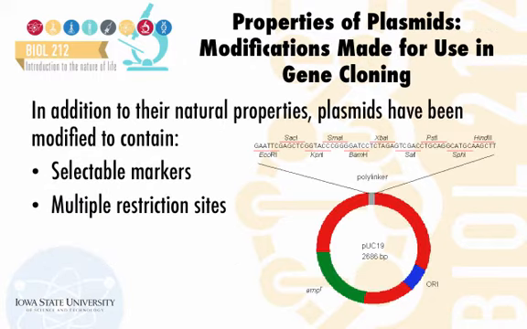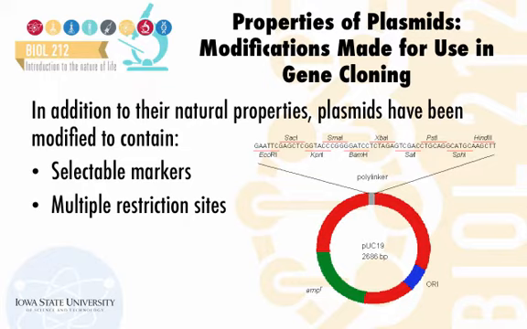In addition to their natural properties, plasmids have been modified to contain selectable markers, which will be described at a later time, and multiple restriction sites, which are sequences within the plasmid that allow the plasmid to be cut open and accept DNA fragments from other organisms, thus serving as carriers for these fragments.